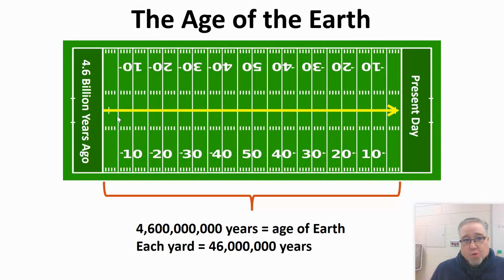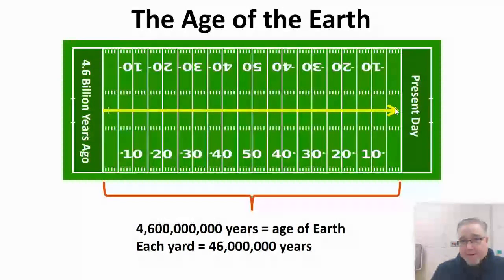It would take you 46 million years just to walk 1 yard. Okay, so think about how long that would take you to walk the entire length of the field. It would take you 4.6 billion years of time. So every yard, which is 3 feet, would take you 46 million years to walk.